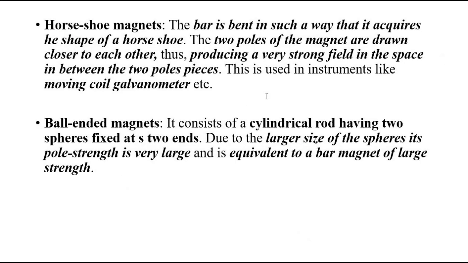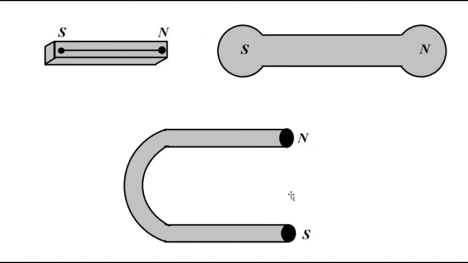The horseshoe magnet is also used in the design of various electrical machines, and here the two poles are drawn closer to each other. Then we have a dumbbell shaped or ball shaped permanent magnet, which looks like a dumbbell with circular extreme ends.